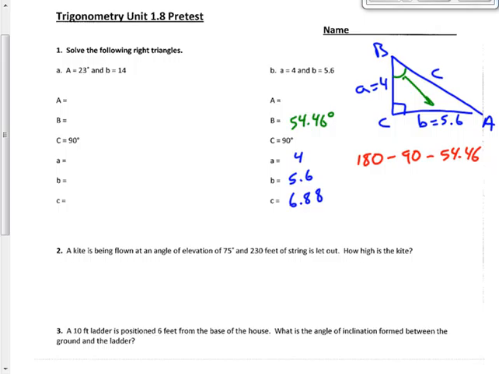By subtracting 90 and subtracting 54.46, you get that angle A would end up being 35.54 degrees. And those two things added together have to be 90. These three things added together have to be 180. One of them is already 90, and so the other two have to be 90 as well.